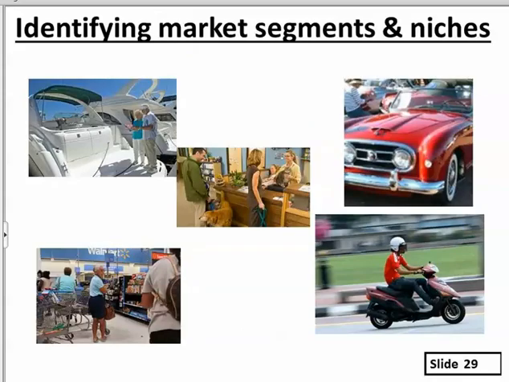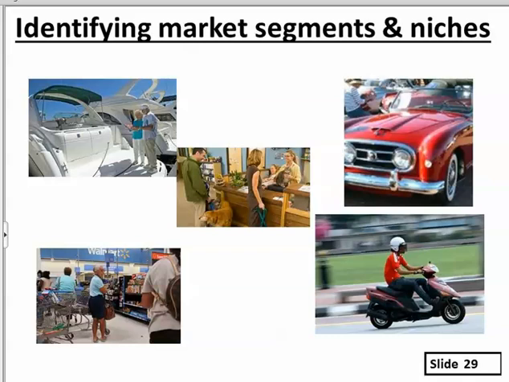Okay. Now, once you have the overall marketplace identified, then the next question is, can you narrow down that market group to a smaller segment that is more ideally suited to your particular product or service?